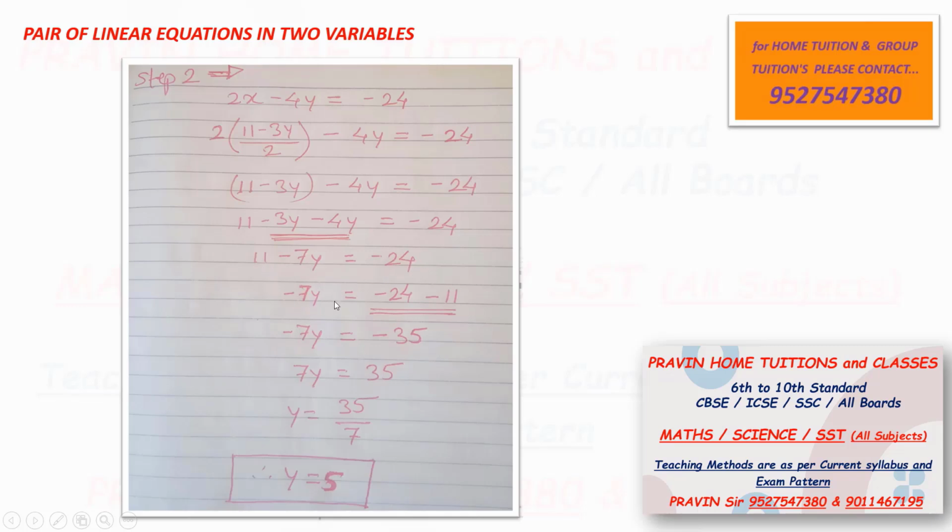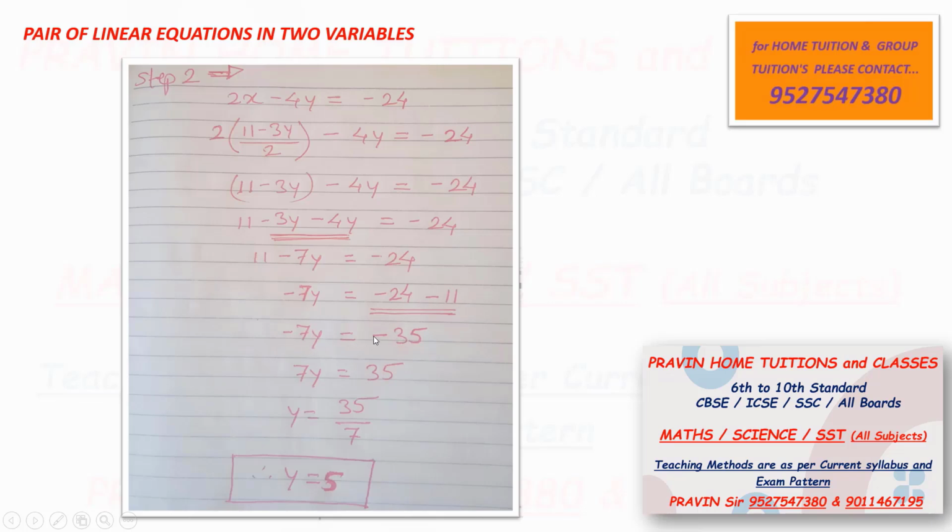So minus 7y is equal to minus 24 minus 11. This is the rule of equations: when we transpose a positive value, here 11 is added to minus 7y, it will become negative. So minus 7y is equal to minus 24 minus 11, which is minus 35.